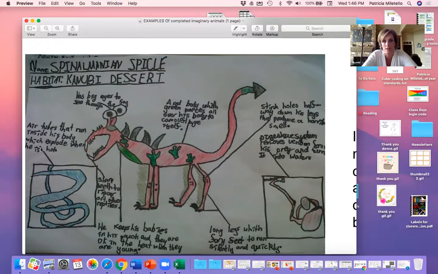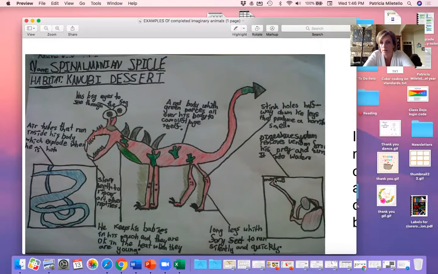The way that it has air tubes, these are special air tubes inside of its body that can explode when he is hot. I don't know if that's a good adaptation or not, especially in a desert. It might get hot and it might explode a lot. I don't know, but it was a creative way for this student to show their understanding of a way that an animal might have an adaptation.